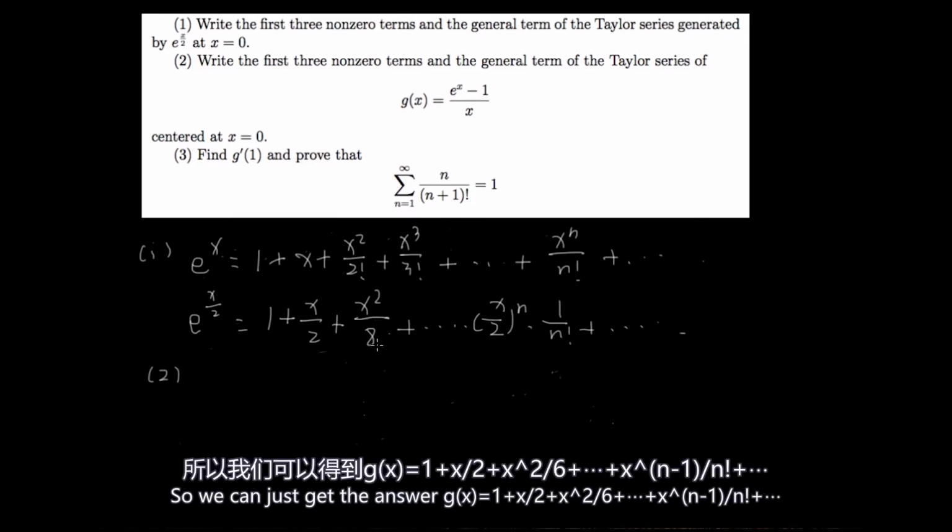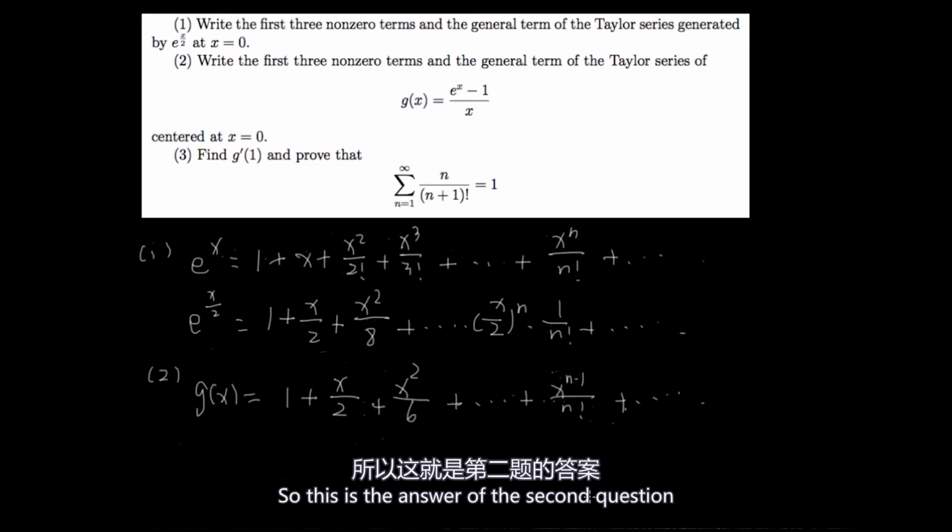So we can just get the answer g(x) equals to 1 plus x over 2 plus x squared over 6 and plus, and so on, x to the power of n minus 1 over this. So this is the answer of the second question.